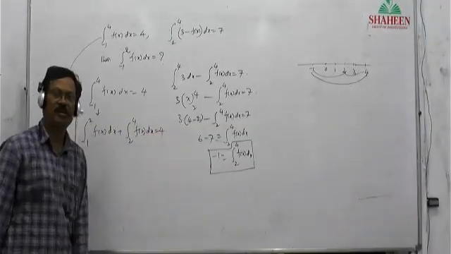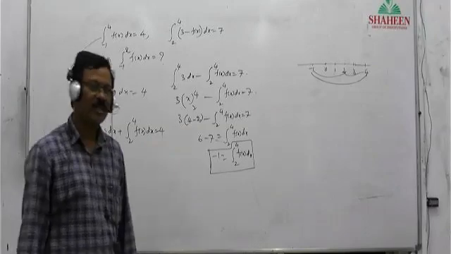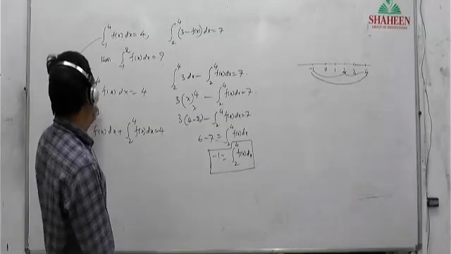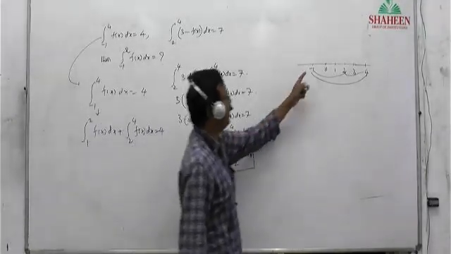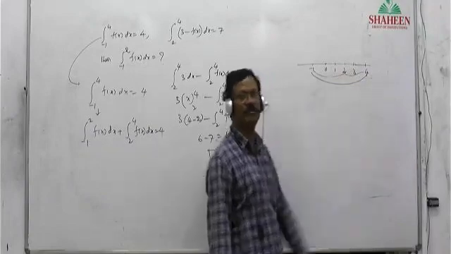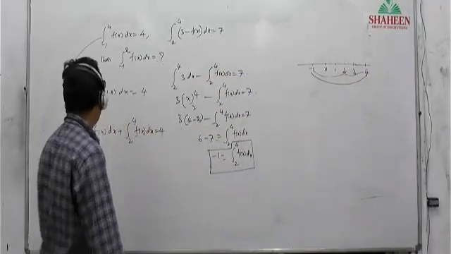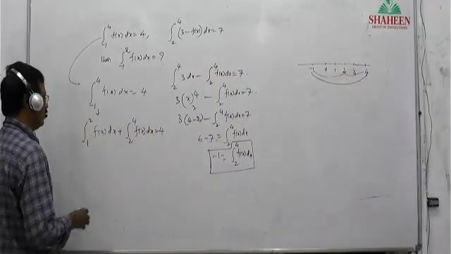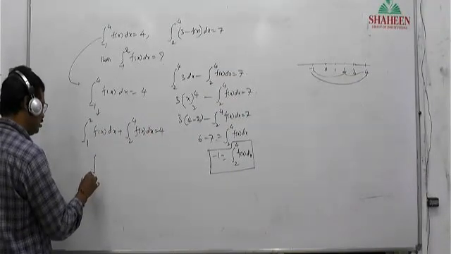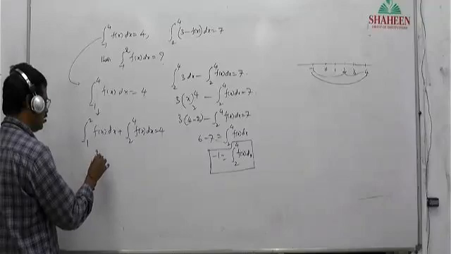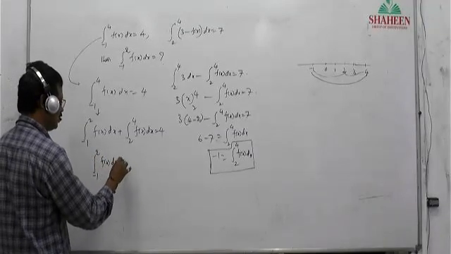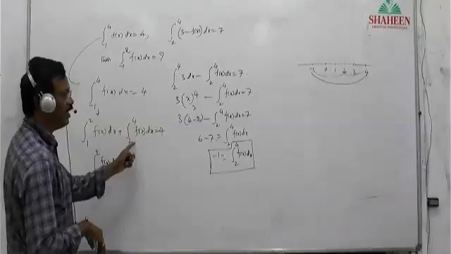Is there any doubt in this? Getting any doubt? Simple, you know, right? Minus 1 to 4 integral is minus 1 to 2, 2 to 4. Now, this integral we want to keep as it is. What about this integral?